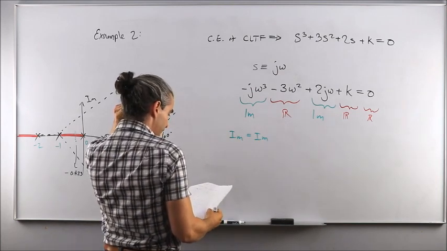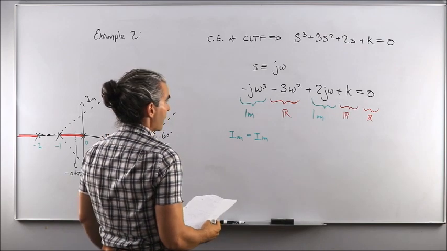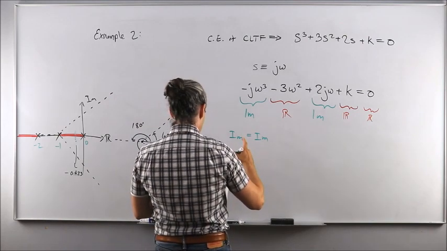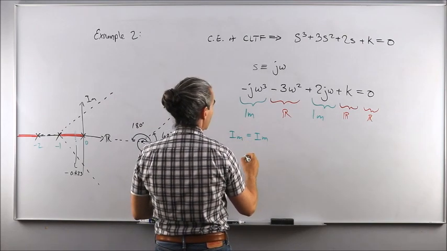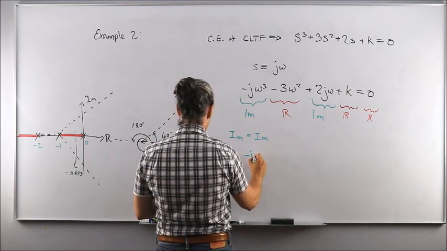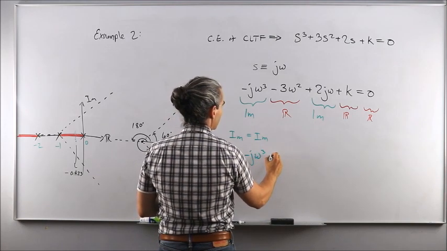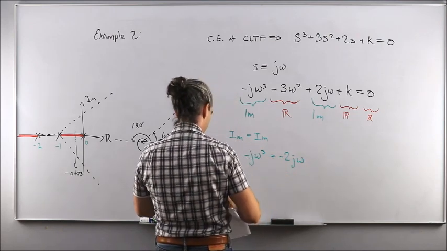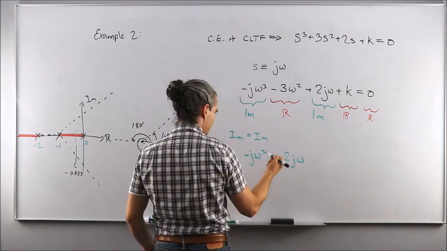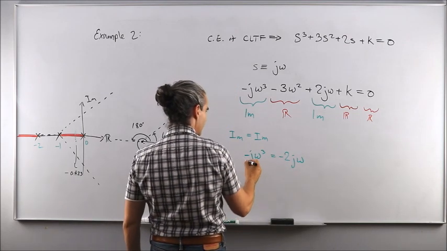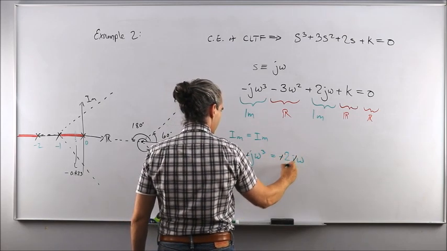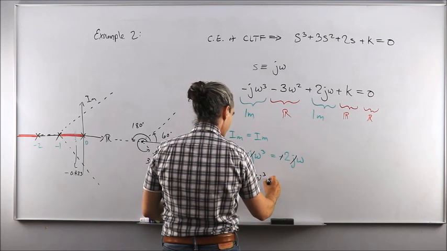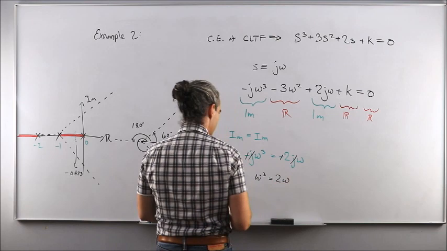So forget about the real terms, and you're going to get minus j omega cubed equal to minus 2j omega. Or alternatively, I'm going to keep going in black because you can probably see it better. The negative j terms cancel out, and you're left with omega cubed equal to 2 omega.